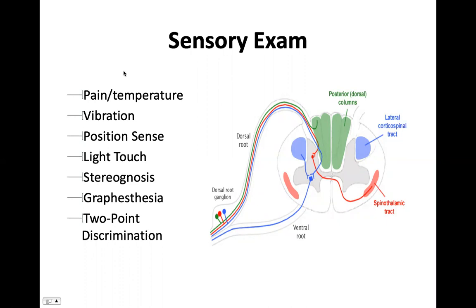Now remember, sensory exam is actually what you're doing to them. The perceptions of pain, for example, are not what you're doing, but what they're feeling. So you cannot necessarily recreate their pain, but you could manipulate their hip or their leg.